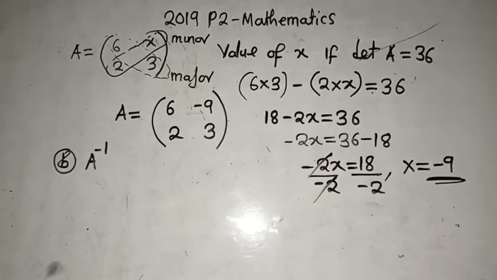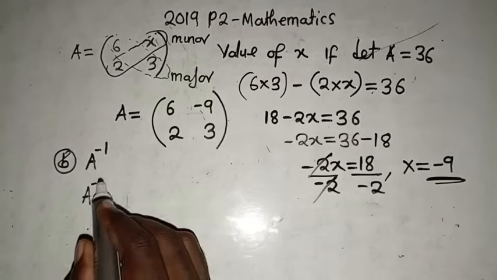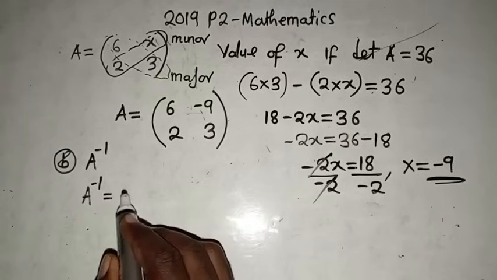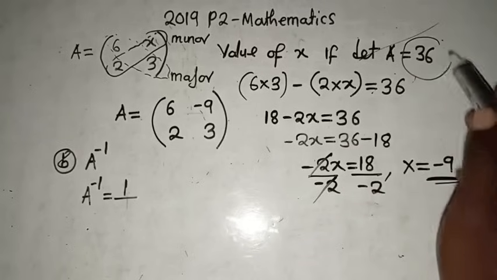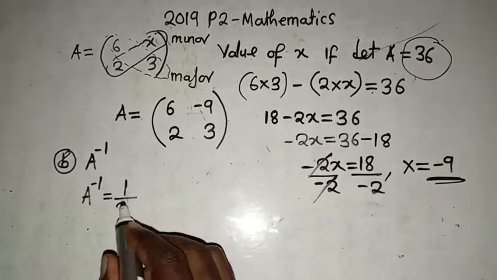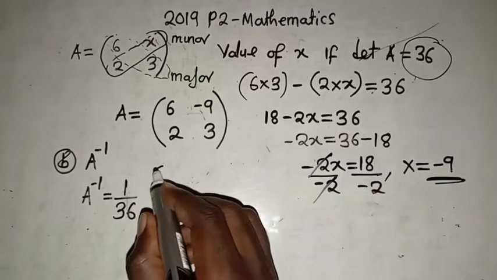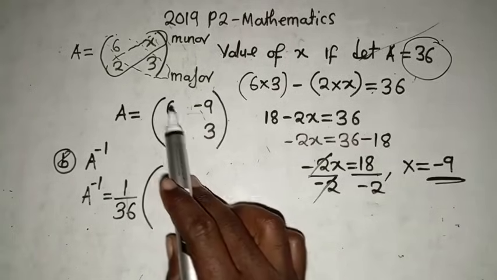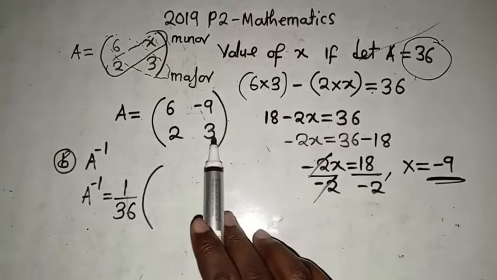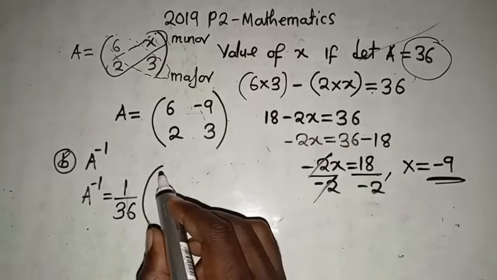So finding the inverse, we say A inverse is equal to 1 over the determinant. So what is the determinant in this case? Determinant is 36. So I say 1 over 36. Then you know that in the major diagonal, signs will change.